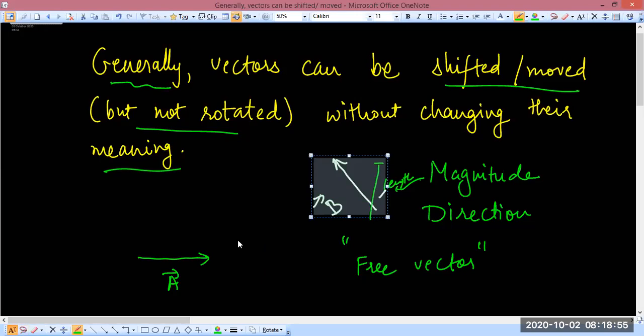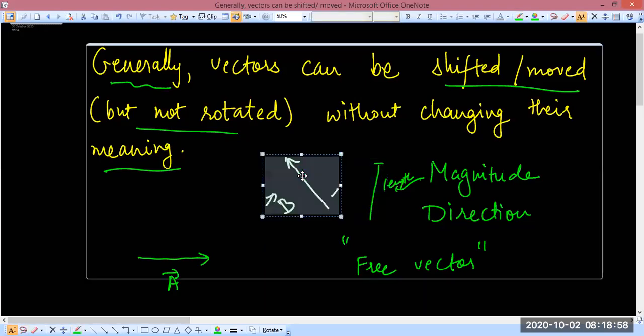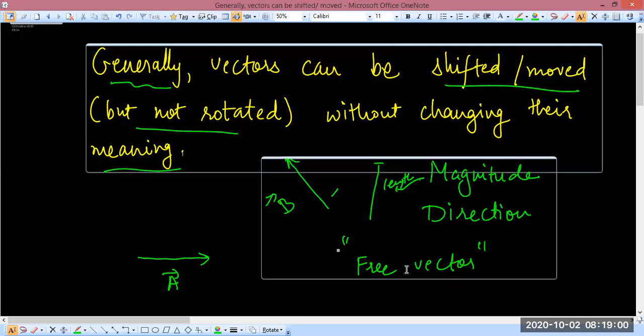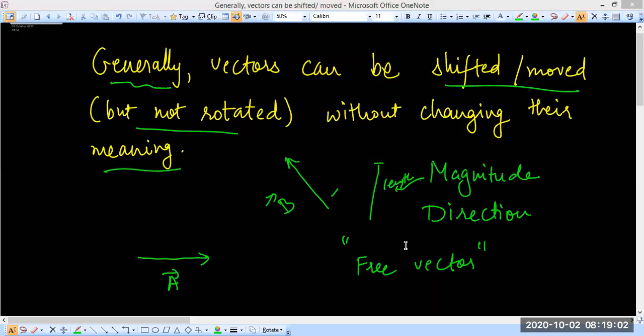I hope all of you could see that. I rotated it, the angle changed. Agreed? So when you rotate it, the angle will change. If angle changes, that means the direction is changing, so it means the meaning will change.